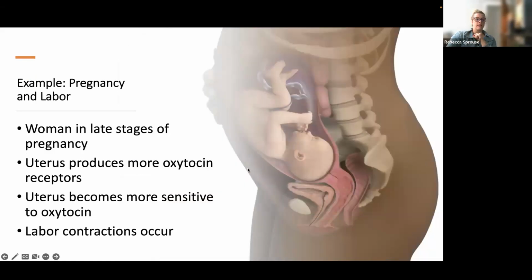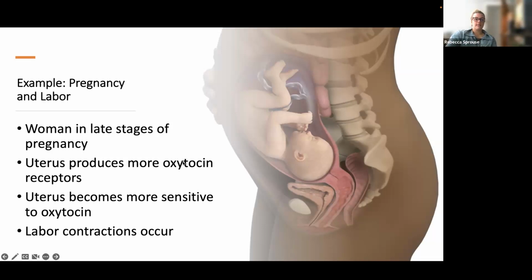Another example would be pregnancy and labor. So this is an example of upregulation. Women in the late stages of pregnancy, their uterine cells produce more receptors that are sensitive to a hormone called oxytocin, and oxytocin stimulates uterine contractions during labor.